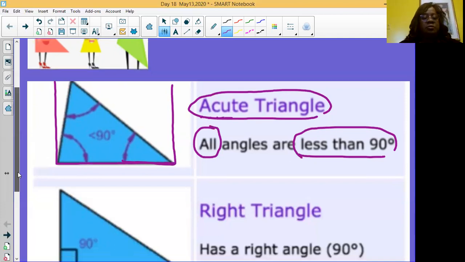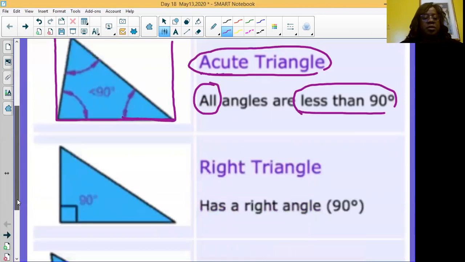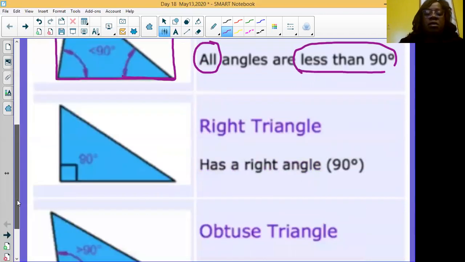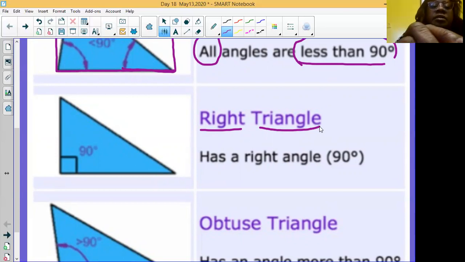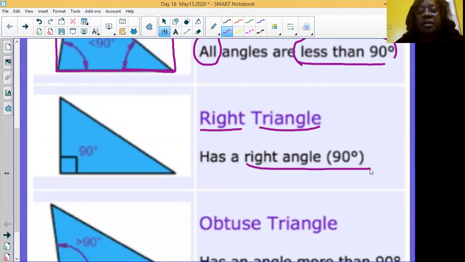So the second triangle we're going to talk about is called a right triangle. A right triangle has a 90-degree angle. In order for it to be a right triangle, it has to have a 90-degree angle.